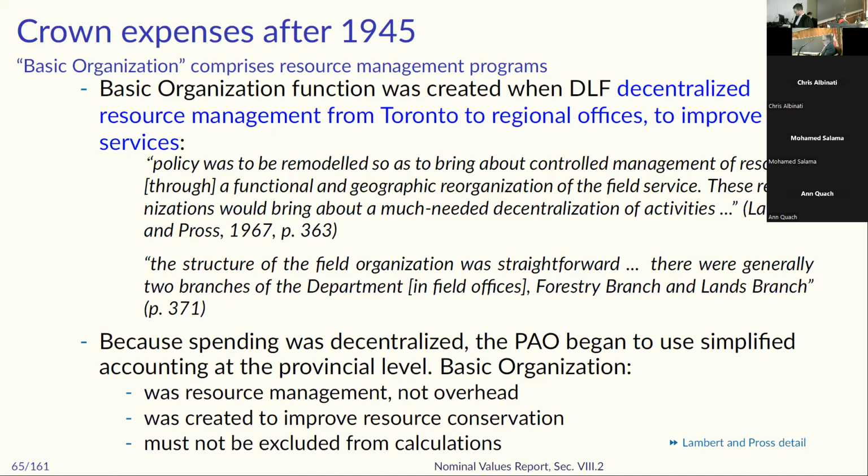Because it's not disaggregated, you don't know if there's more money spent in insect control or in fire prevention. If those functions went through the field offices in these years, we don't have that detail. That's true. But that detail would not be germane to the calculations that need to be done under our approach.